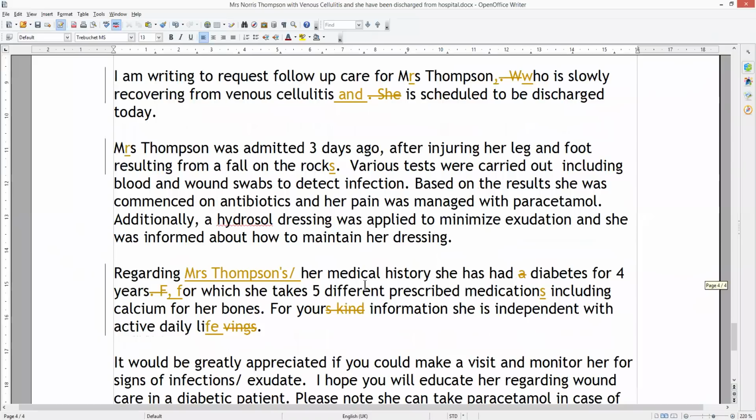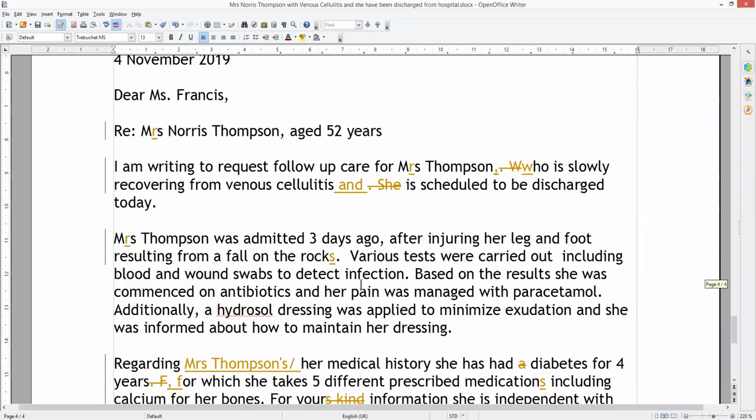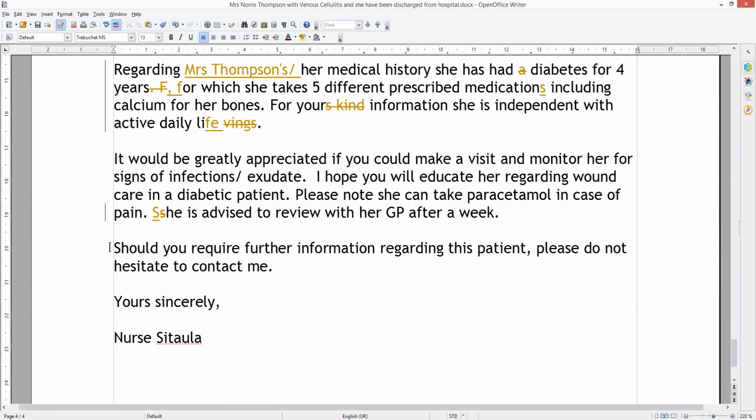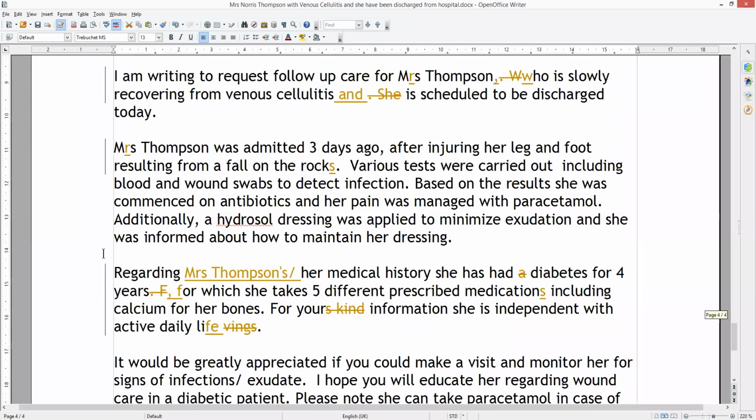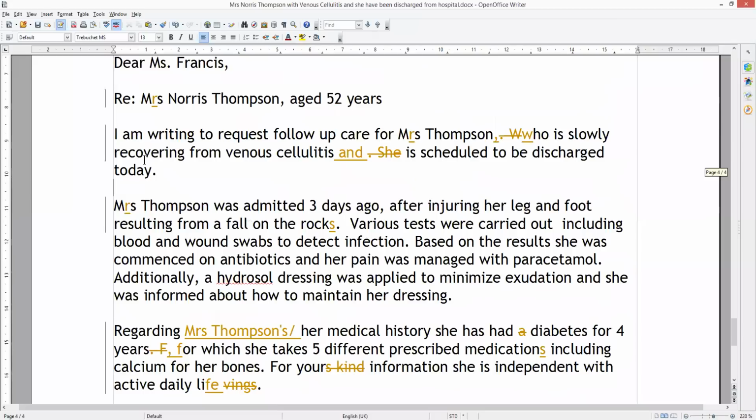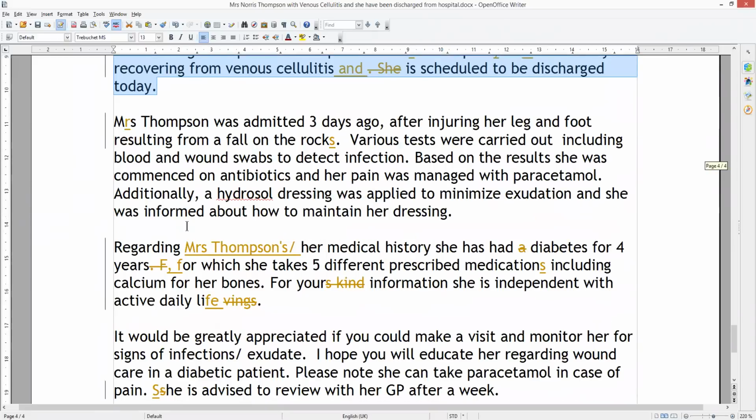Well, someone's asking about the number of paragraphs. There's only 4 really, because this is the closing. You've got your reason for writing, which is essentially the introduction, then the main medical issue or the social or medical history, depending on the question, that will tell you which should come first.